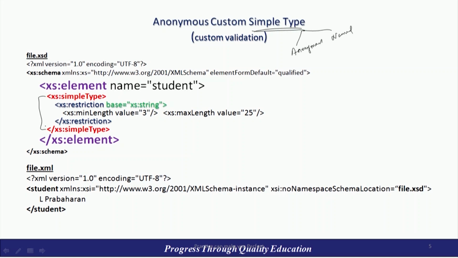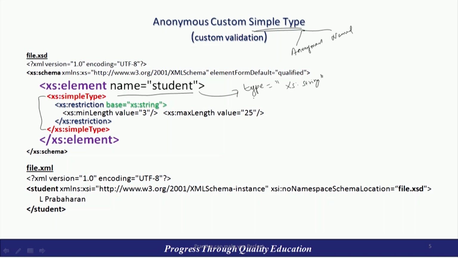I have marked in red color xs:element name equal to student. Usually after writing this xs:element name, we will give another attribute. What is that? Type. Then we will give within double quotes xs:string.